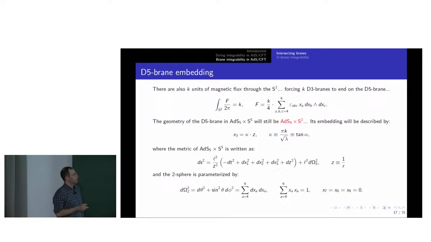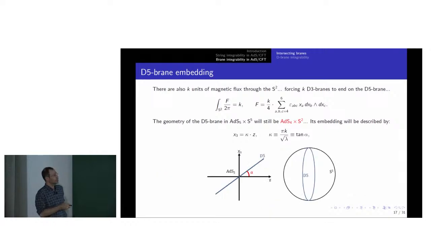And of course, the metric of AdS5 is written here for completeness. And the two-sphere, of course, is parameterized by these coordinates. As I said, we now have a tilted D5 brane, where in the case alpha different than 0, the brane is tilted.